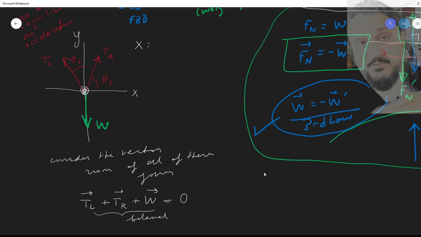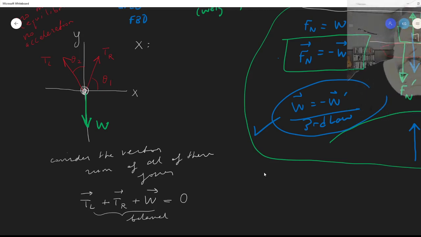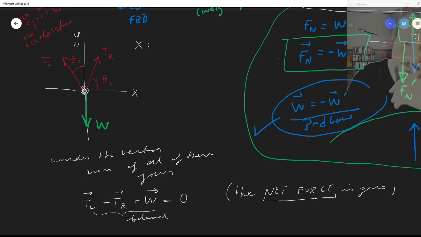That's what equilibrium means. So when you do that, you're actually saying the net force is 0. That's another way of saying it. The net force is 0. So by definition, the net force is nothing but the vector sum of all forces that are present.